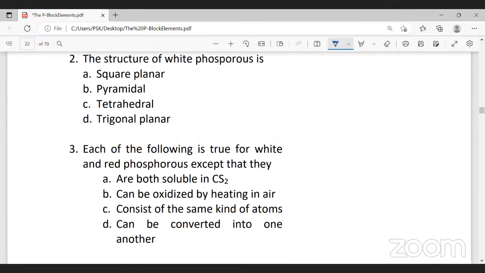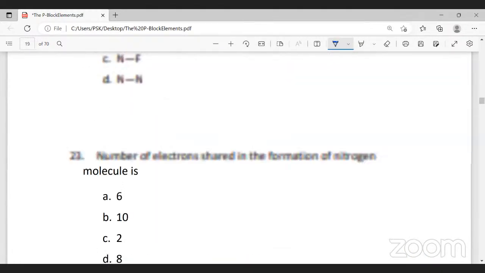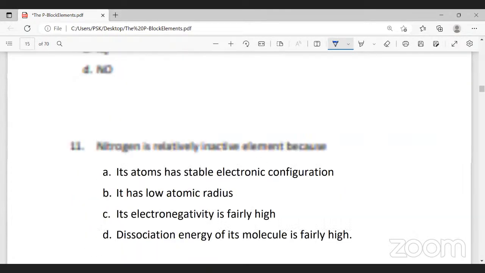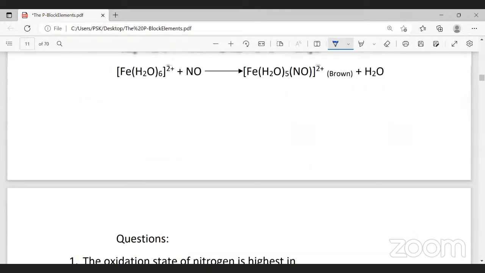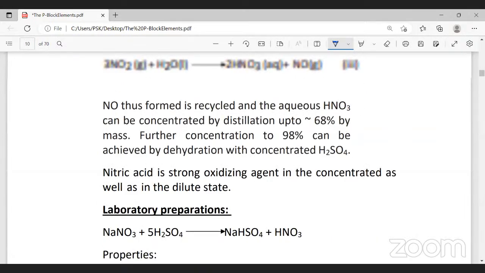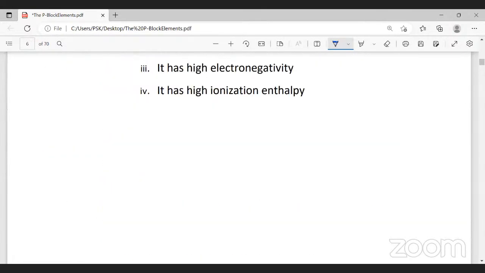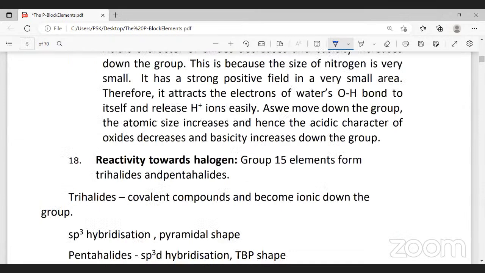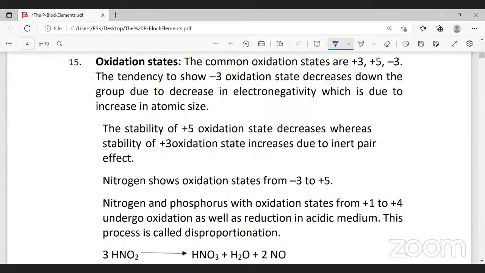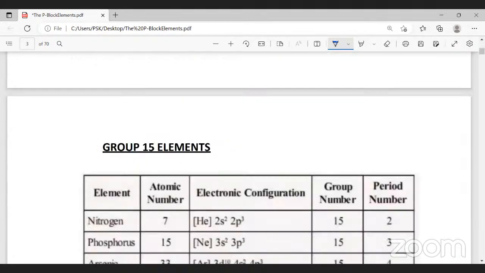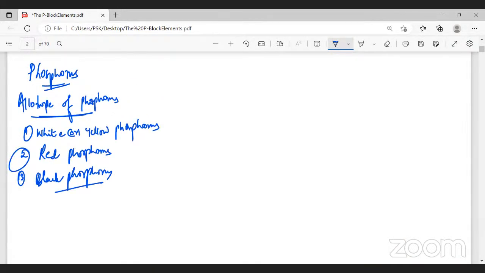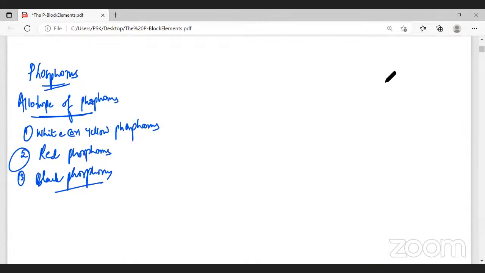We will learn systematically as I write and teach, and then you will understand better than from the material. So a few topics we'll write and practice, then we'll go for the questions from the material. Now, first we will learn about white phosphorus.